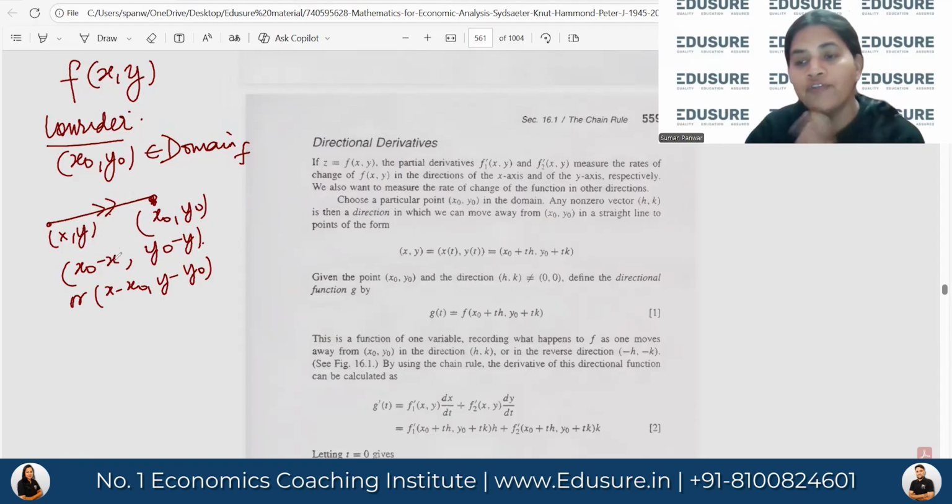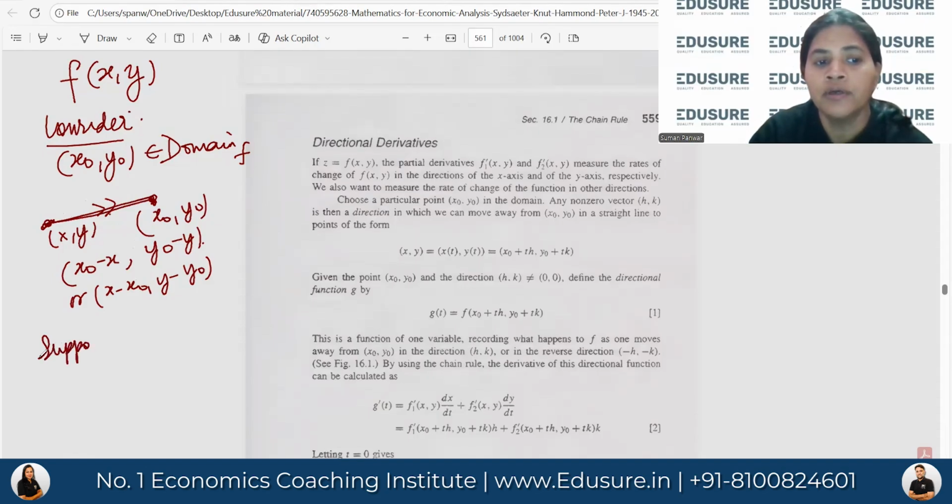The direction of a vector is always the coordinates of the final point minus the coordinates of the initial point, or vice versa. So this is the direction vector of any 2 points lying on the line. Now suppose I want to find the derivative along a vector h comma k lying on this line.